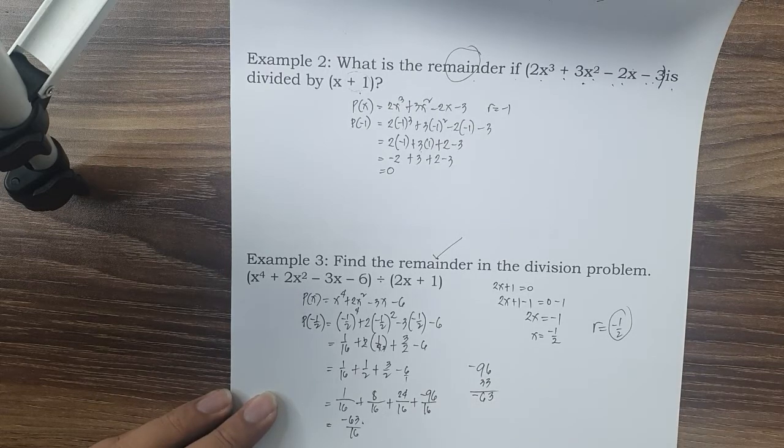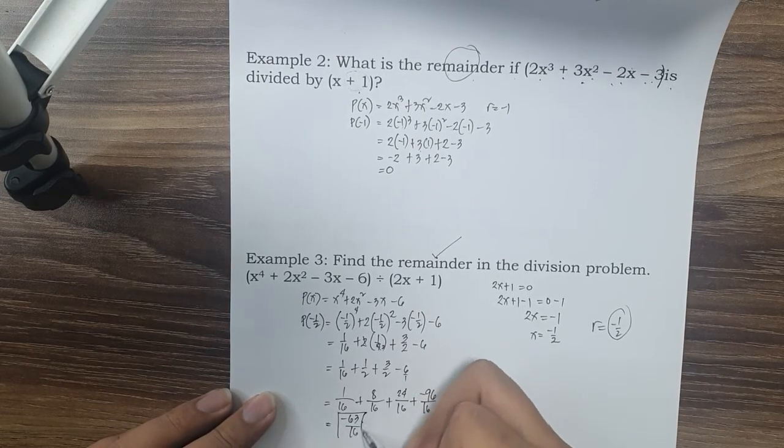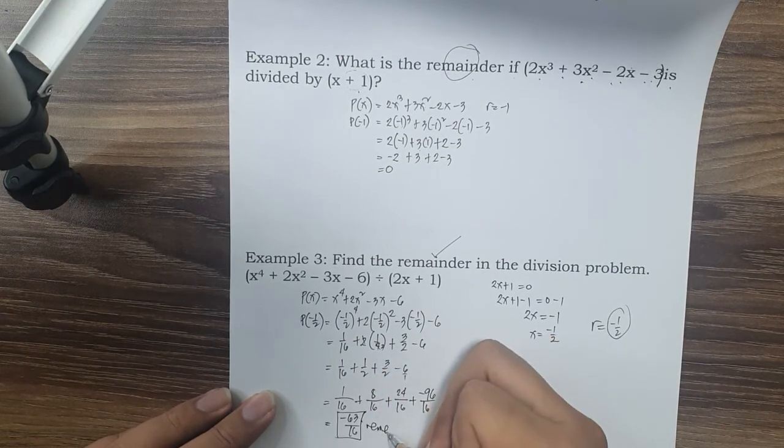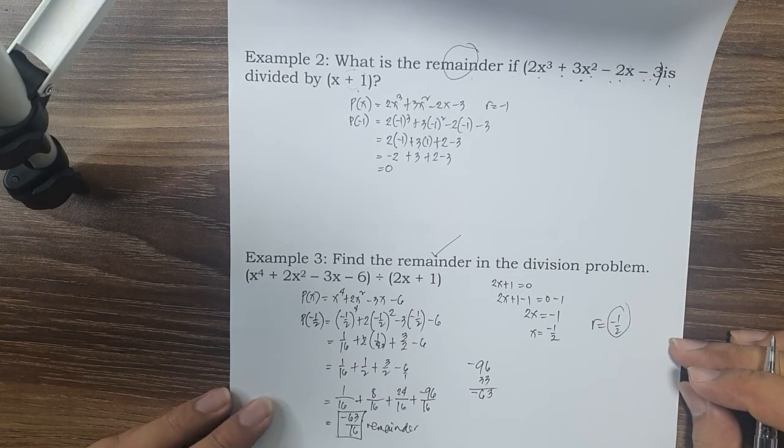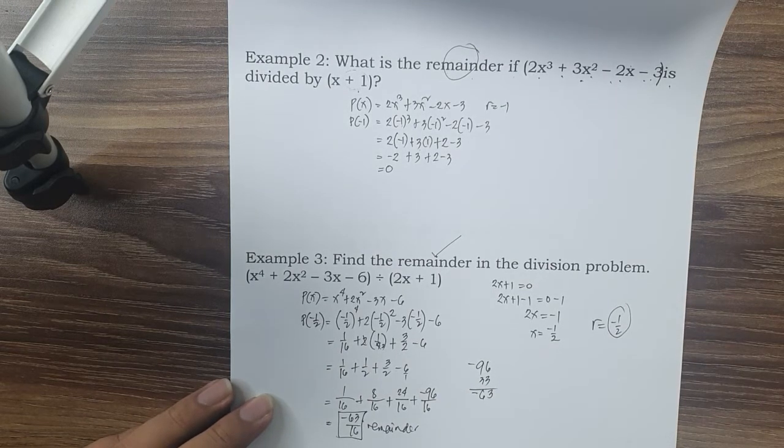So, there is nothing in common. It's in lowest terms. So, this is your remainder. That is your remainder theorem.